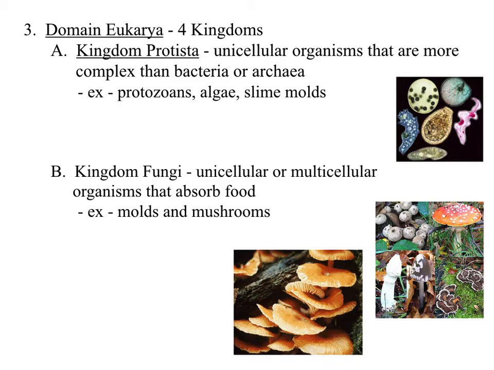The next group is kingdom Fungi. Fungus can be multicellular or unicellular, so it can be made of one cell or of more than one cell. These are organisms that absorb their food, so that's how they get their energy, by absorbing their food.